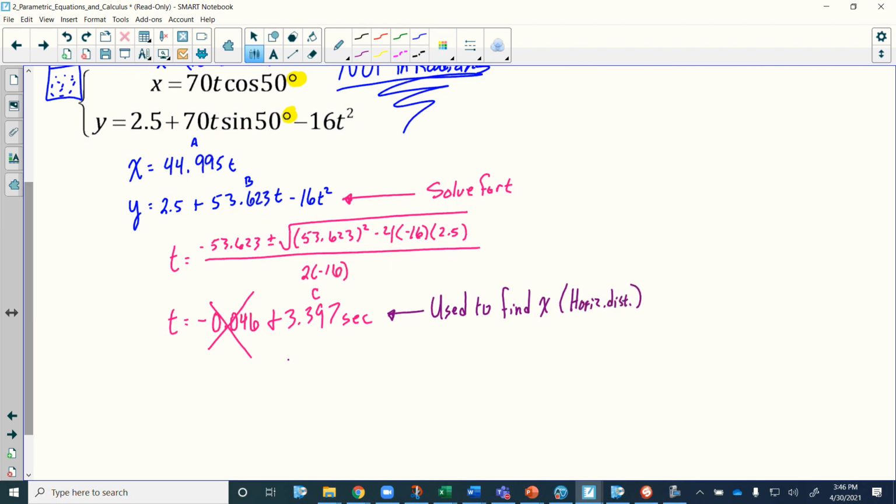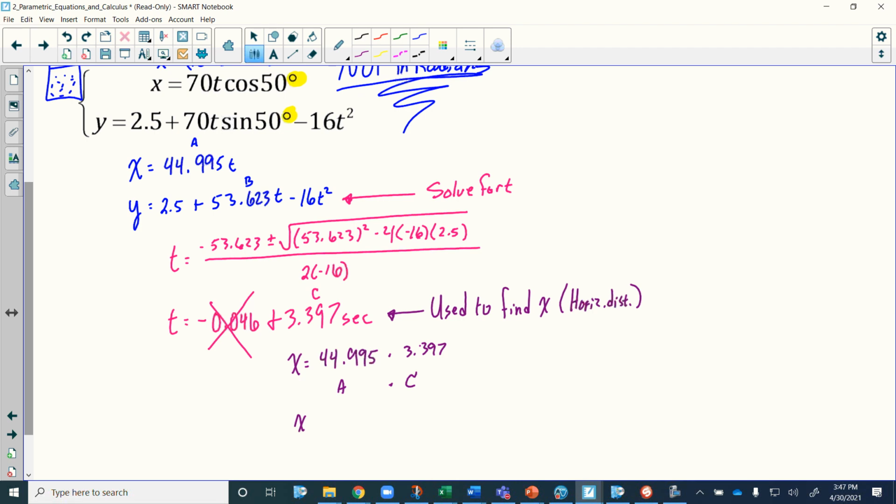So we have x is equal to, what did we have? The 44.995, that number that we saved, A, times the 3.397 number that I saved as C. When you type it, you can say 70 cosine 50, and then hit that 3.397 number.